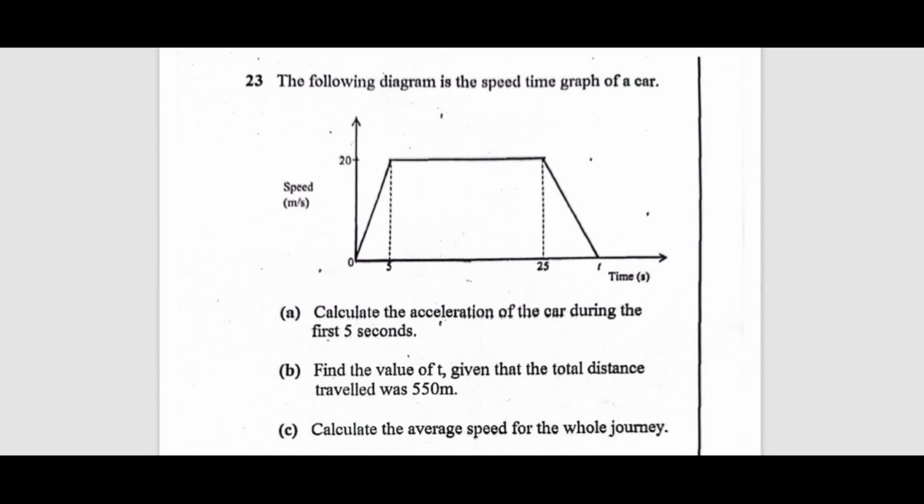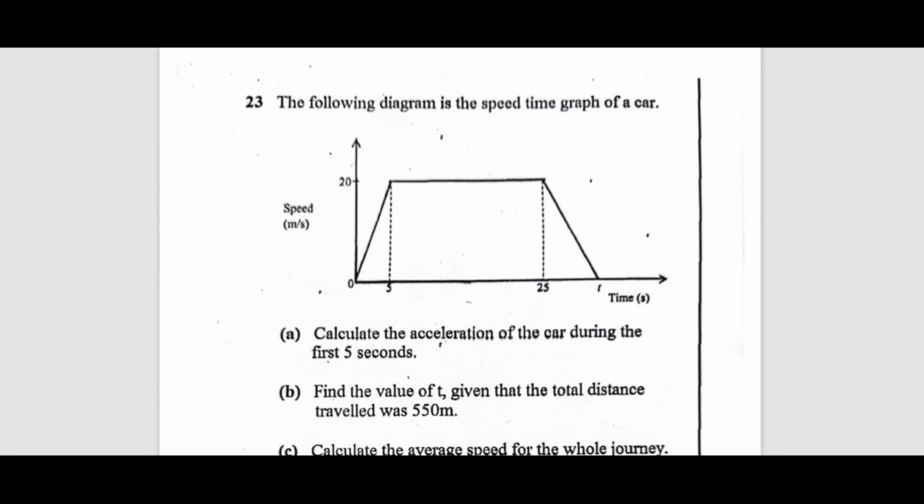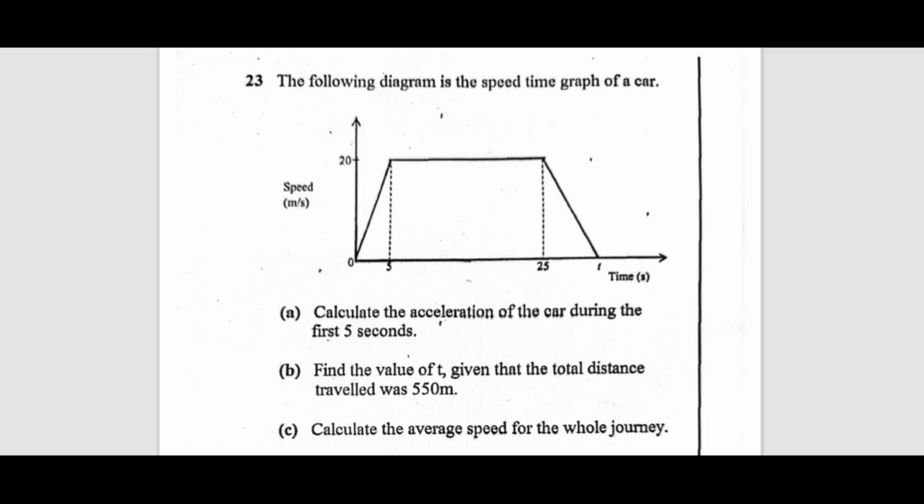Then the last question, we have this question here. The following diagram is the speed time graph of a car. Calculate the acceleration of the car during the first 5 seconds. So the acceleration, this point is our final velocity. Then here we have initial velocity.